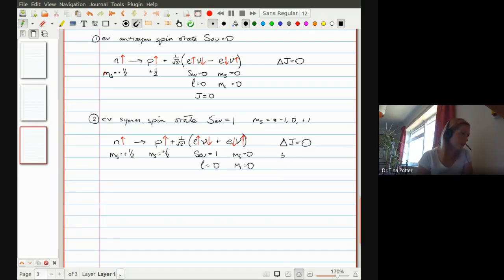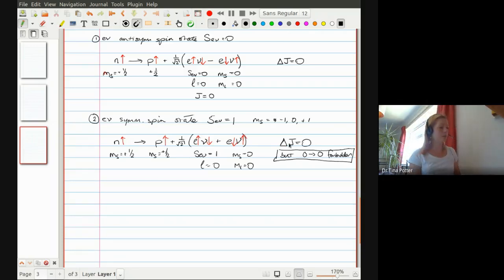But there's a caveat here. We can't have 0 to 0 decays. Forbidden. We can't have 0 to 0 decays here. And you've definitely seen that in other courses, and I've been asked about it by some of my supervision students as well.